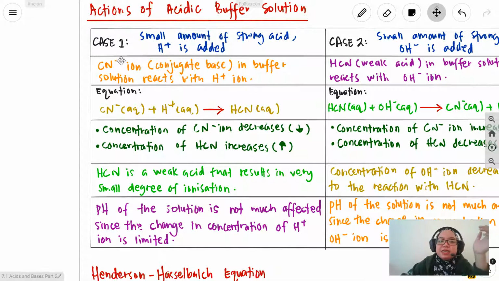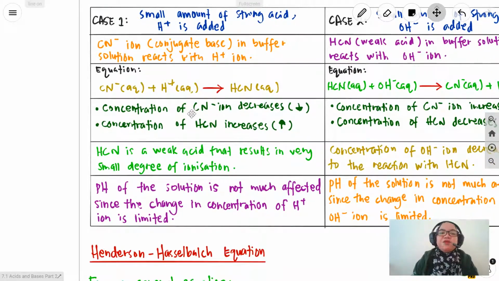So now the CN minus ion, which is the conjugate base in the buffer solution, will react with the hydrogen ion, because negative reacts with positive. So we have the equation: CN minus aqueous reacts with hydrogen ion aqueous to form HCN aqueous. So it forms the weak acid again.